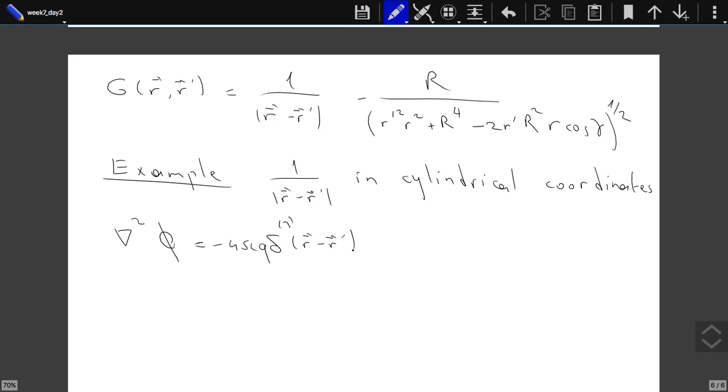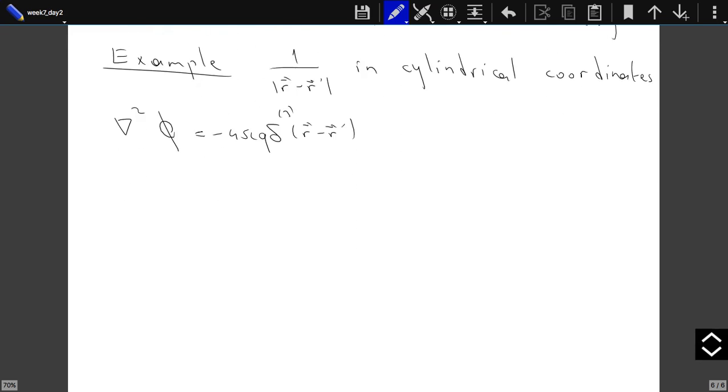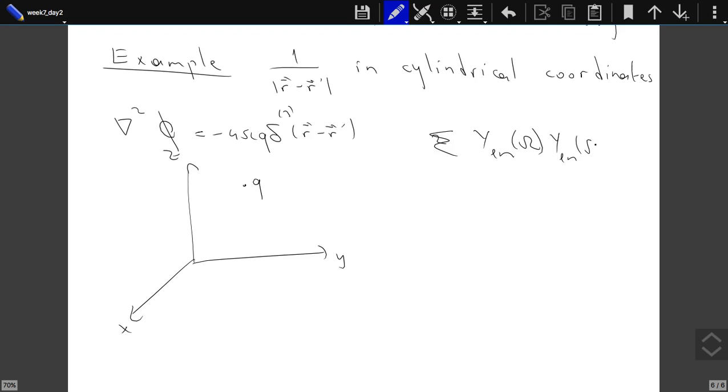You see, if you remember when we were discussing the addition theorem for spherical harmonics, what we had done was we had the system, we put our charge over here, and then used spherical coordinates to show that this sum over m of Y_LM(omega) Y_LM(omega prime), we had some certain coefficients over here, was equal to P_L of cosine gamma.